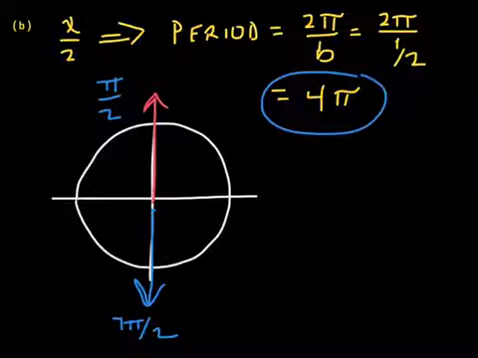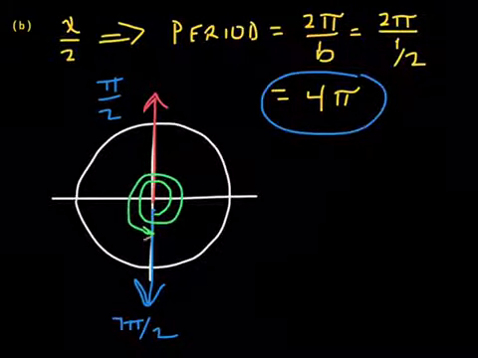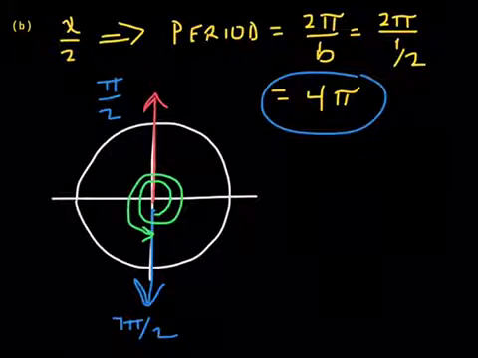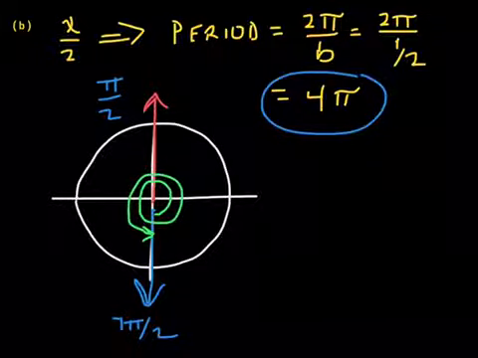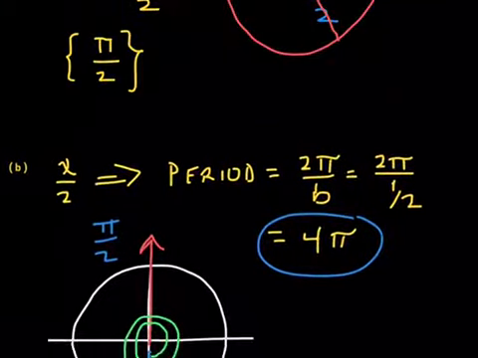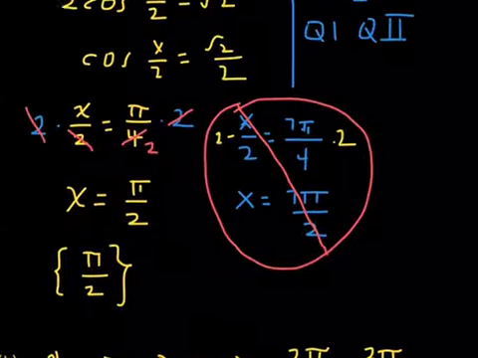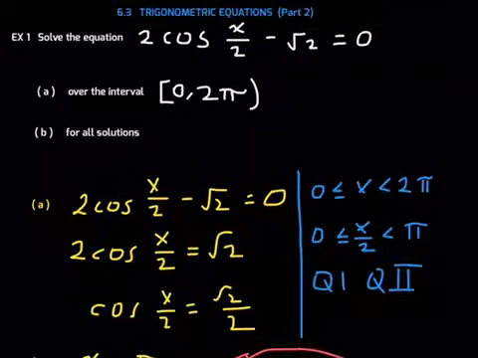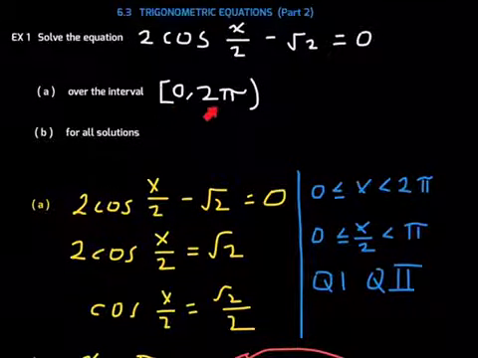Now watch this. If you start at 7 pi over 2 and go 4 pi, there's a solution, right? Now, you may be thinking, wait a minute, we threw 7 pi over 2 aside, like we didn't use it. I know, but in part 1, everybody, if I can scroll up here, it was very important that we were only looking at x values that are between 0 and 2 pi.